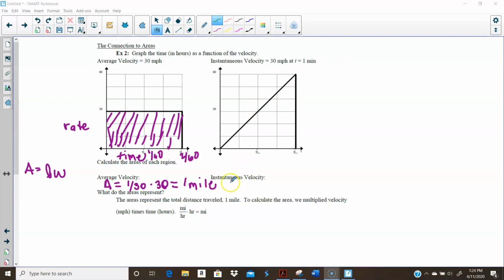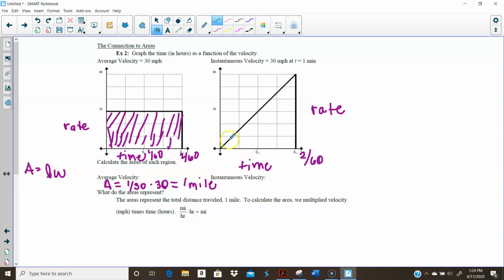So looking at this, we're still going to have the x-axis be our time, and the y-axis is our rate. And you can see her time, she still went for 2 out of 60 for 2 minutes. And this time she traveled up to 60 miles per hour.